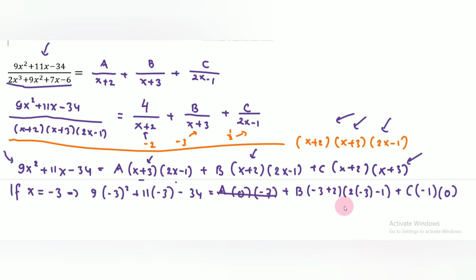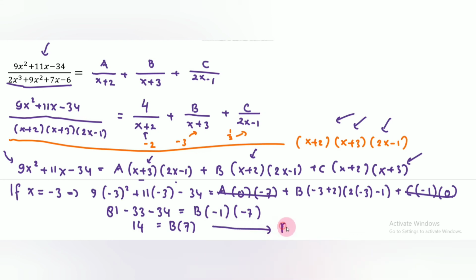A times 0 times negative 7 is 0. C times negative 1 times 0 will be 0. So the one that is left is 9 times 9, which is 81, minus 33 minus 34 equals B times negative 1 times negative 7. So it will be 14 equals B times 7.